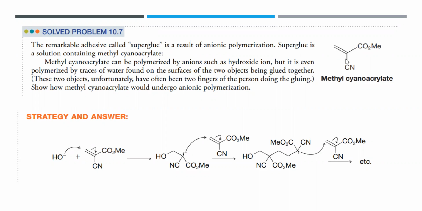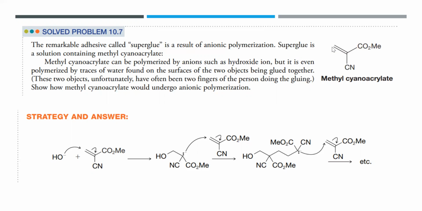There are two groups that promote the inductive effect, making this carbon partially positive: the CN and the COO. We refer to them as electron withdrawing groups, which induce the electron withdrawing inductive effect.